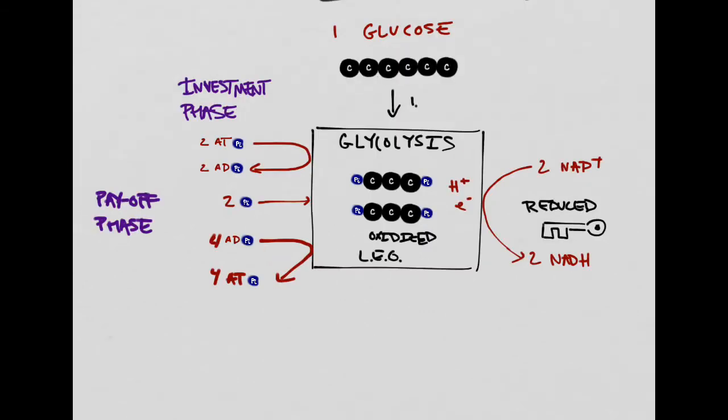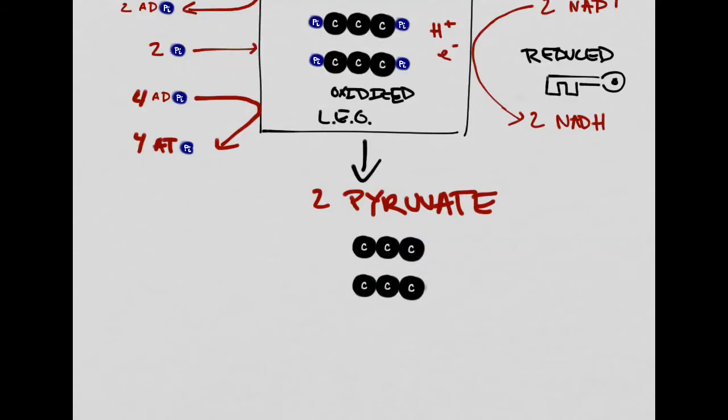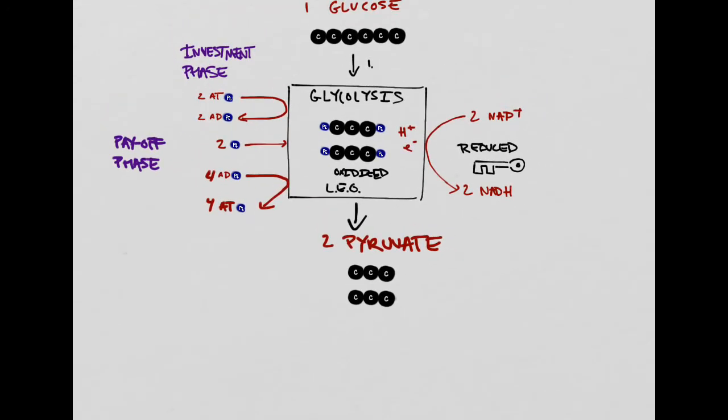So then, once we've grabbed those phosphates from either side of those 3-carbon molecules, out pops at the end 2 3-carbon molecules, which are called pyruvates. So there you have it, 2 pyruvate pop out at the end, and they are not phosphorylated.